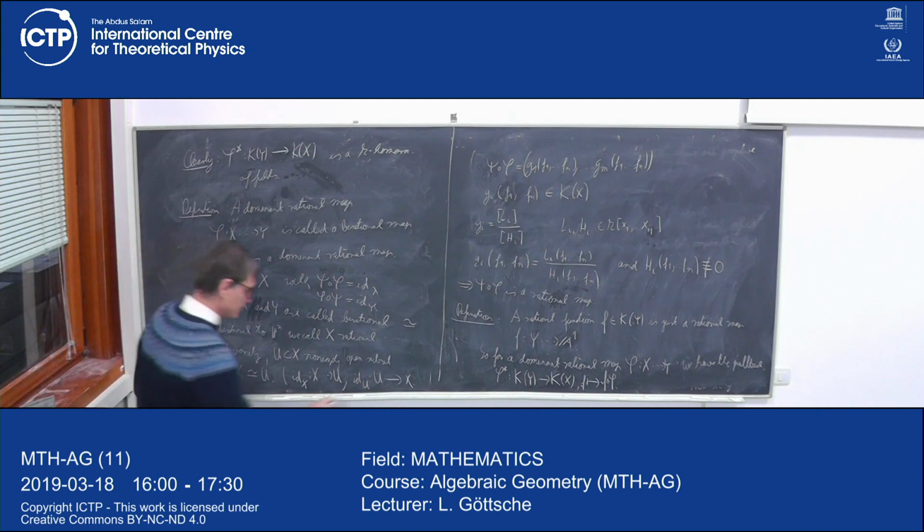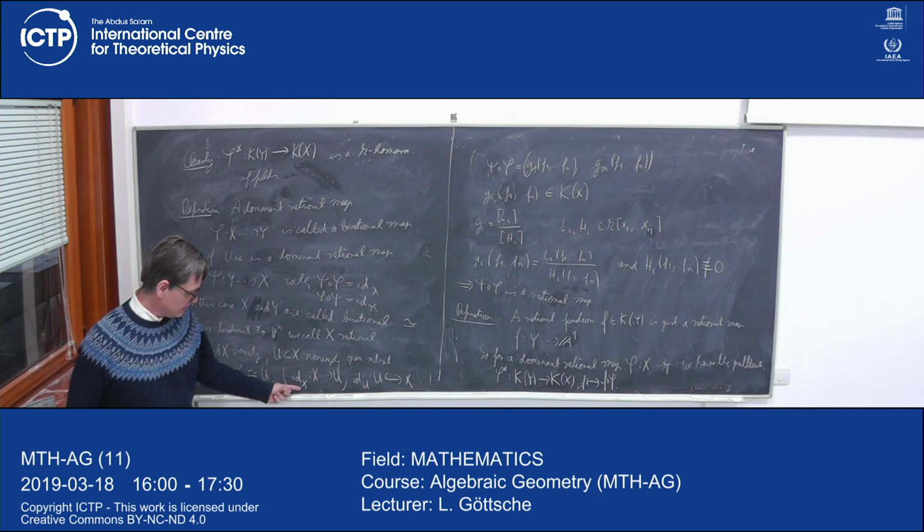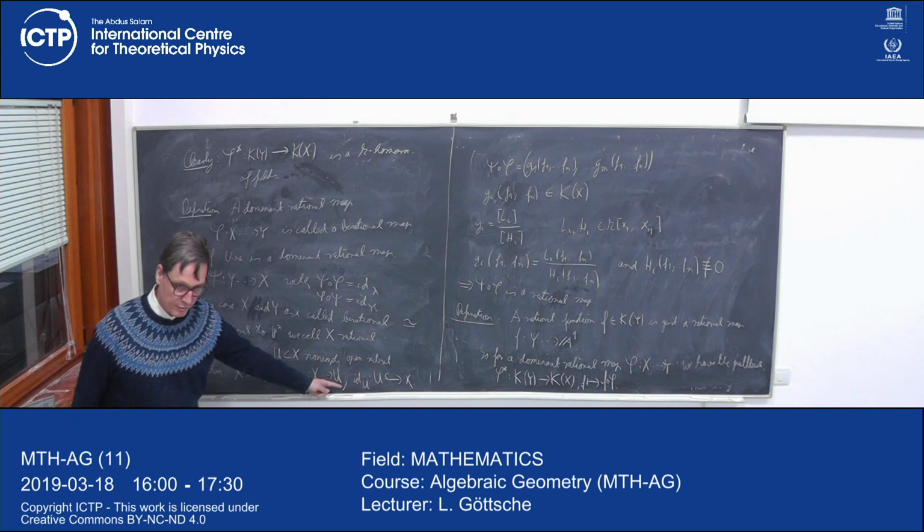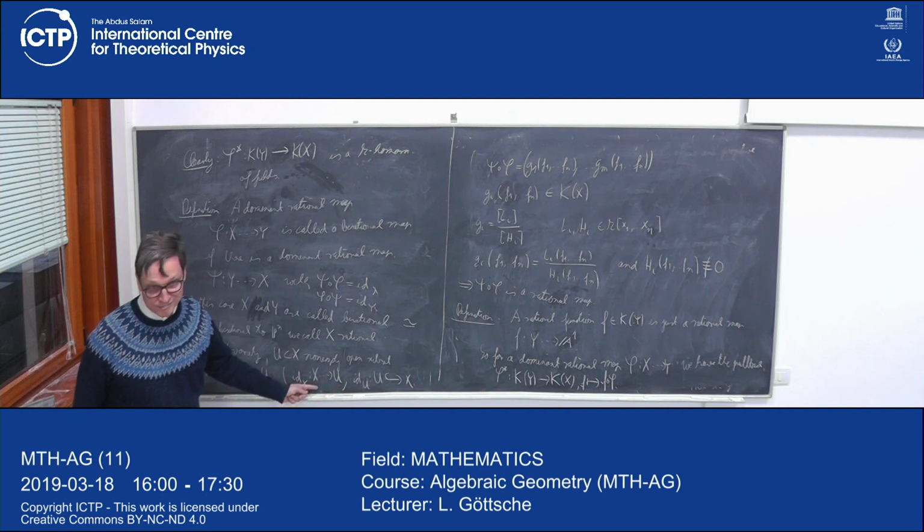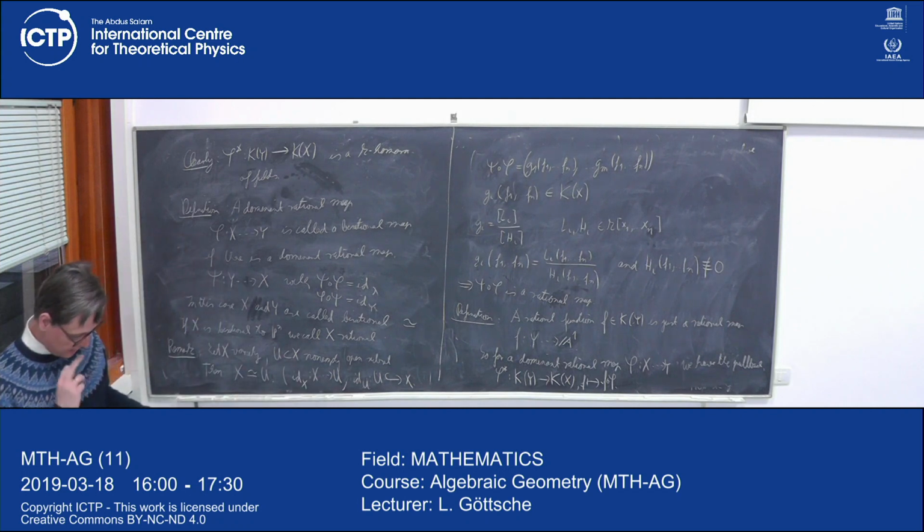The identity on X happens to be defined as a map to U, just on U, which is an open subset of X. So it's kind of stupid.